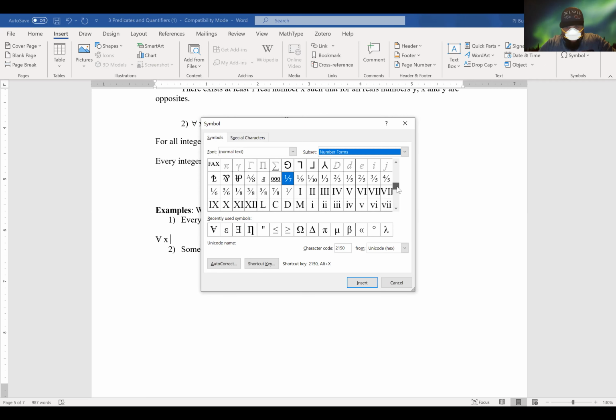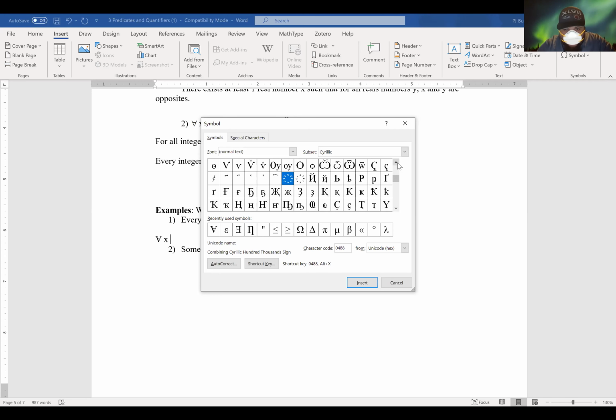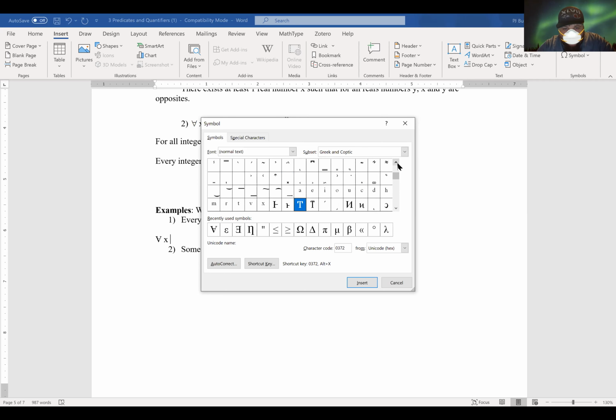There's a better representation than what I've been using for element of. So it doesn't really look like epsilon. It should be more like this thing here, the other direction. So many symbols.